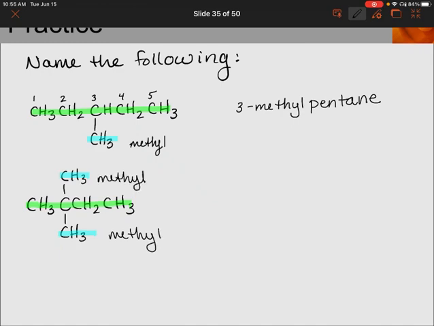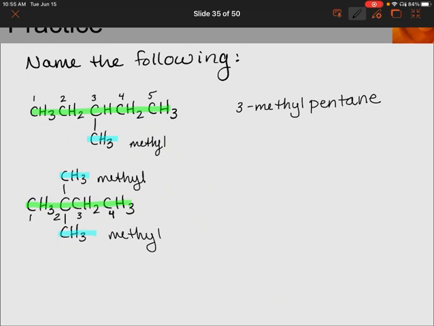All right, and let's number the longest carbon chain so that those 2 methyl groups have the lowest number possible. So it looks like we'll probably want to number from left to right. So 1, 2, 3, 4. So both methyl groups are on carbon 2.